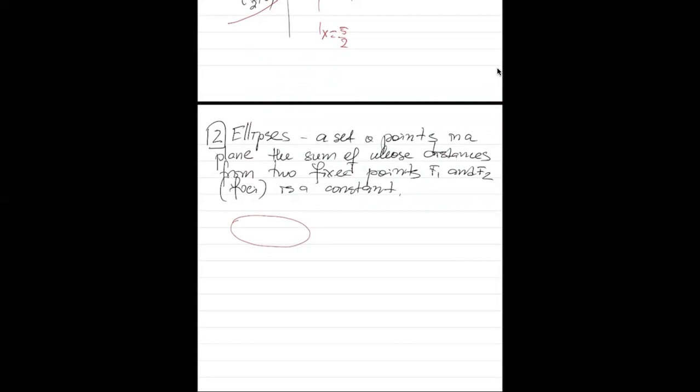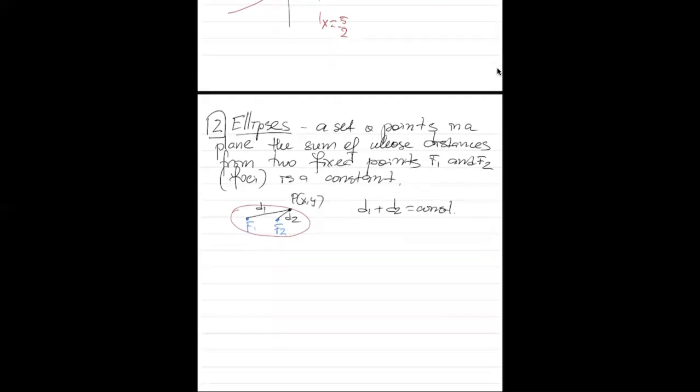So if I have a random point anywhere on the ellipse, P with coordinates x and y, the sum of these two distances, we'll call this d1 and d2, is constant. So that's what the definition of an ellipse is. Very similar to the circle. In the circle, you have a set of points whose distance to one fixed point, the center, is constant. Now we have two fixed points.